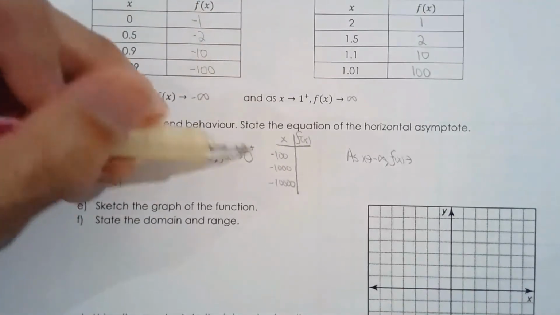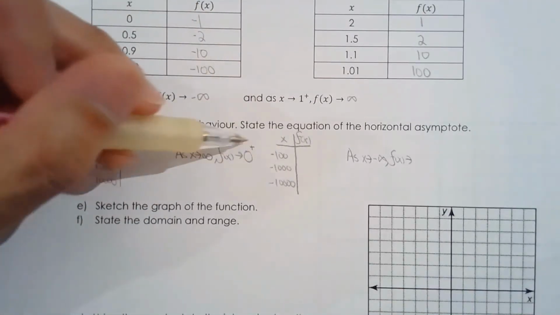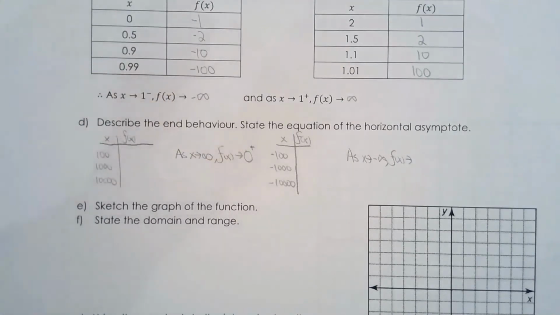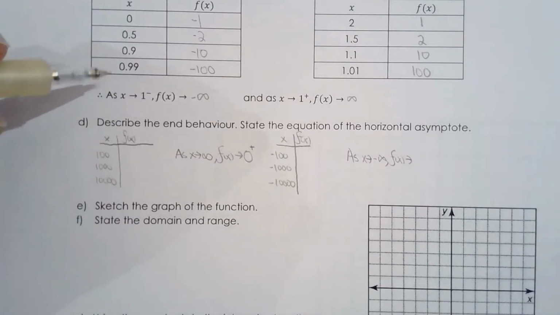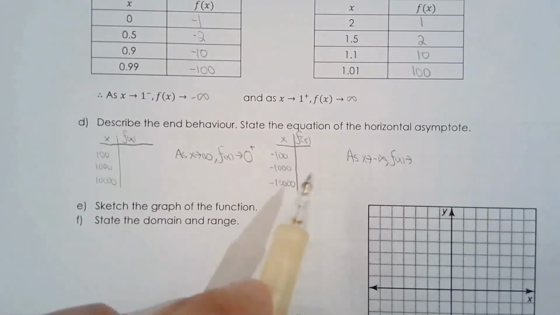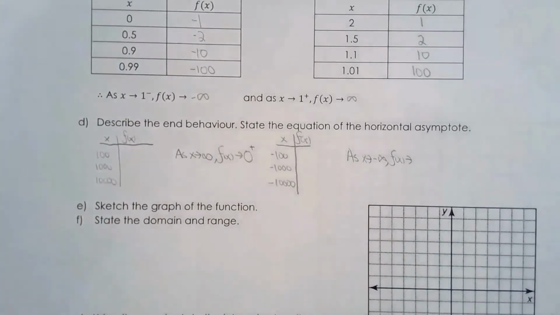It'll make more sense when I draw the graph, but it's going to approach 0 from above, meaning it's like 0.1, 0.09, 0.08, 0.07. It's getting closer and closer, but the values will still be slightly positive. And if you're filling this table, and if you study the function, you'll get the same result.